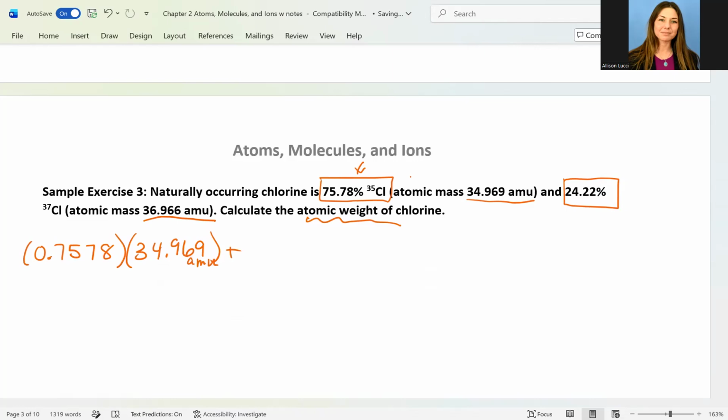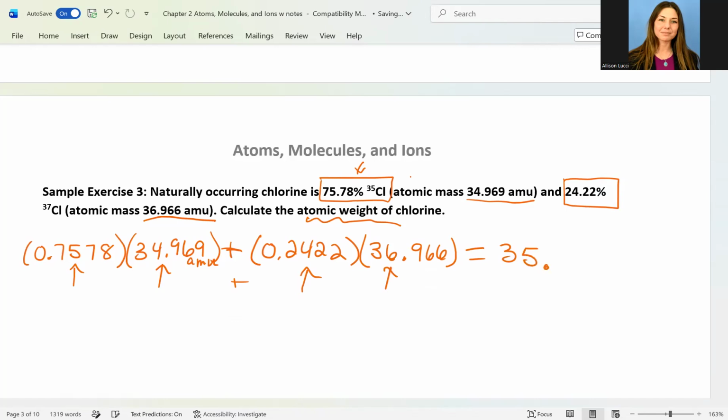And then we'll add that product to the product of the percentage of our heavier isotope in decimal form, 0.2422, multiplied by the atomic mass of the heavier isotope, 36.966. And now when we multiply the percent abundance times the atomic mass and add the products, we would find with rounding, our sum would be 35.45 AMU.